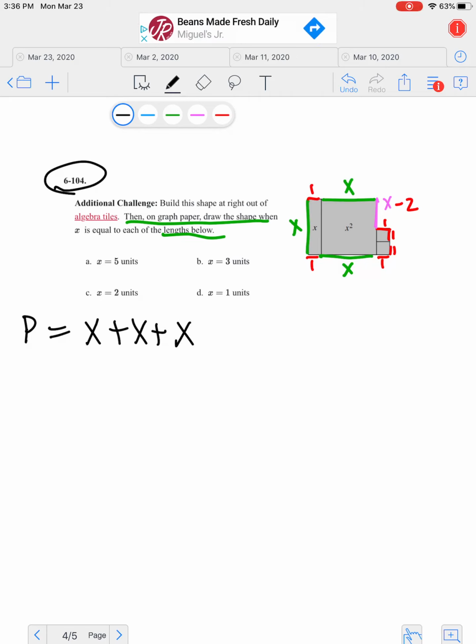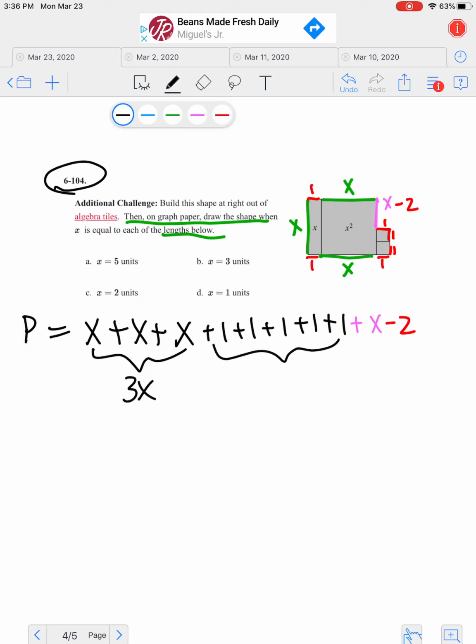And then all the little tiles, the little red ones, 1 plus 1 plus 1 plus 1 plus 1. And then lastly, that pink one at the end. Okay. And just like before, you want to combine anything that is alike. So we have 3 x's right here, 6 little ones right there. And then lastly, the leftover stuff at the end that looks a little different.